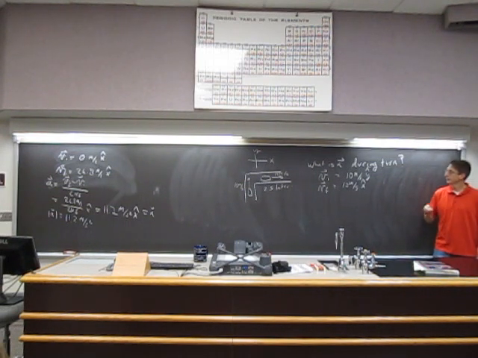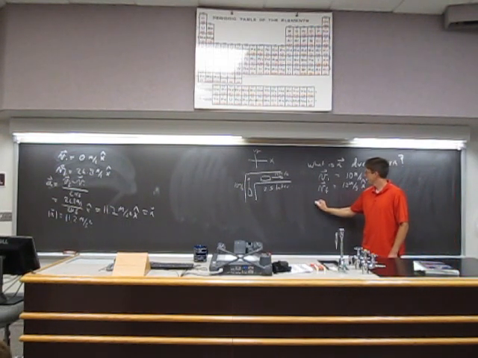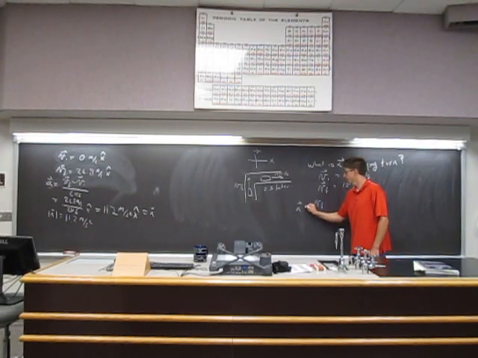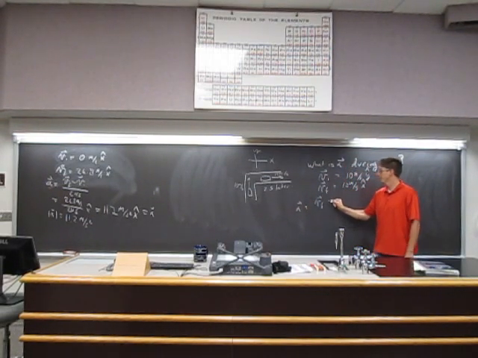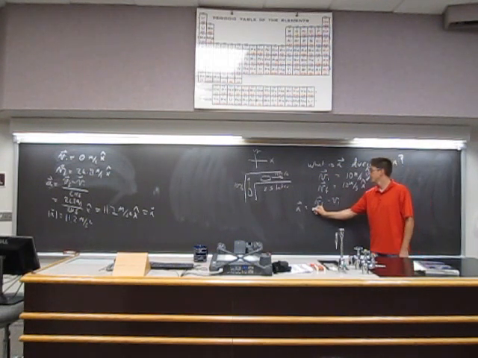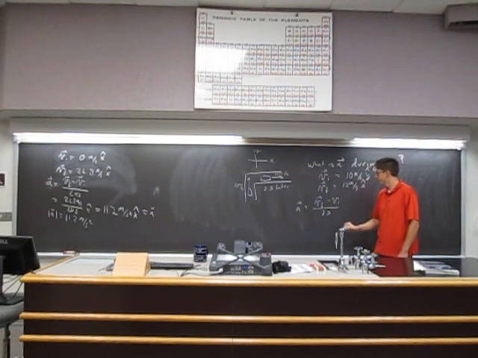Okay, so if I were to write my definition for acceleration, it would be the final velocity minus the initial velocity divided by the time it took, which was 2 seconds.